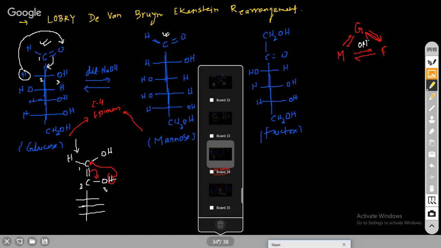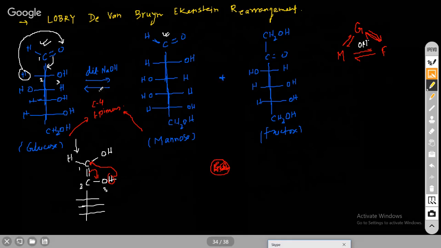It is not C4, it is C2 epimers. So just make some correction on this structure also. Here we have OH and here we have H. Here we have H and here we have OH. This correction you make. Okay, so glucose and mannose are C2 epimers.